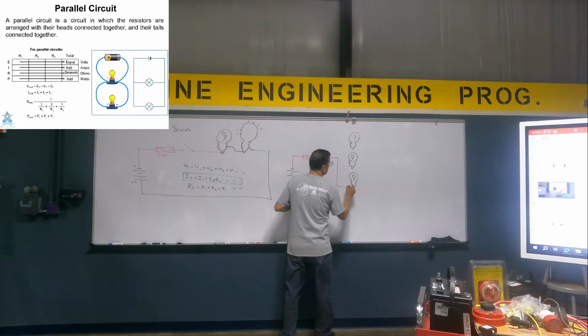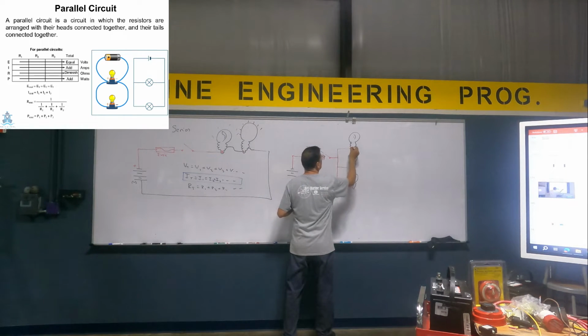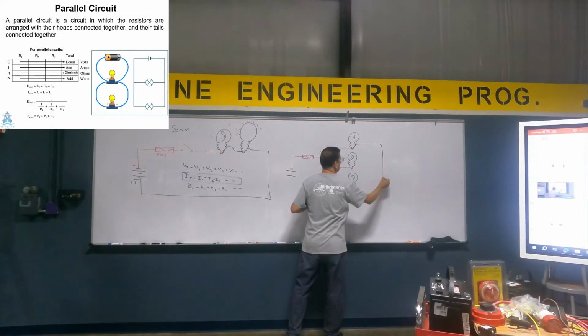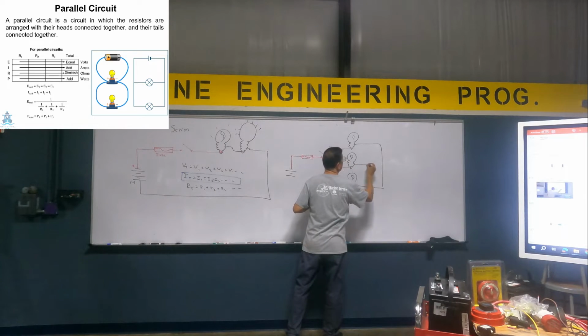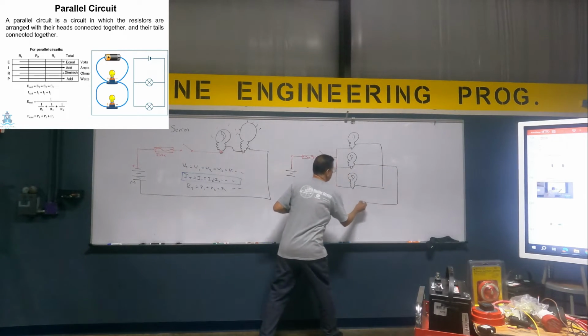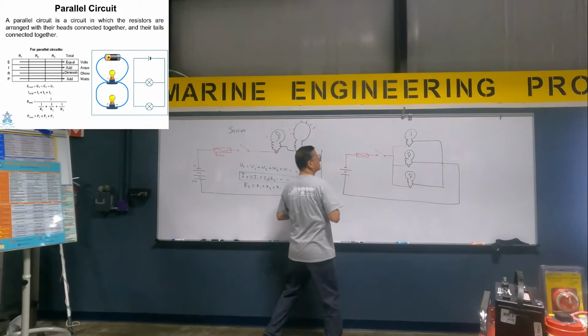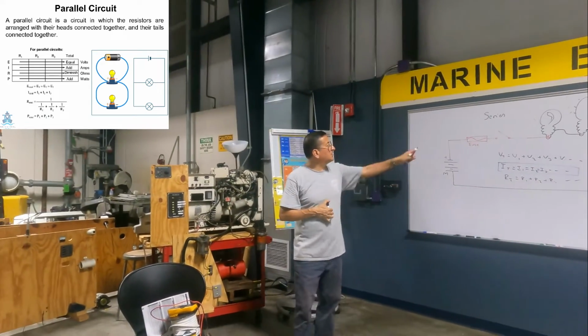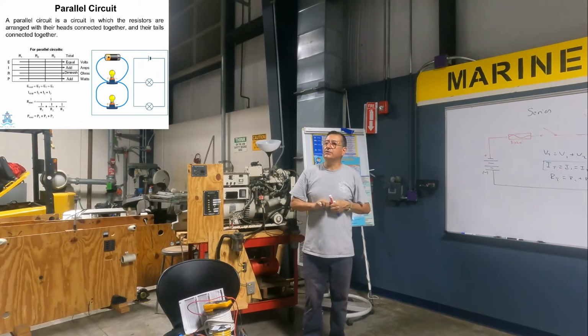I connect the positives of those 3 light bulbs, and after that the negatives together, and I return from the negative. This is parallel, and this is series.